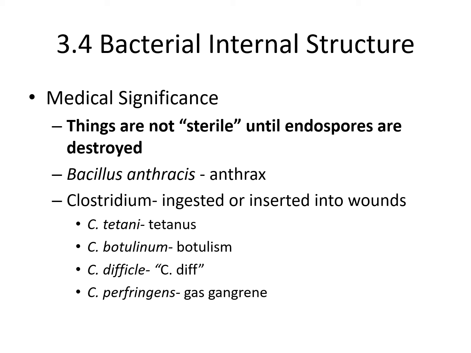Now, when you think medical significance, so what? What are those spores? No big deal. Well, anthrax, Bacillus anthracis. You don't actually inhale Bacillus anthracis vegetative cells. You inhale dust particles that have the anthrax endospore on them.